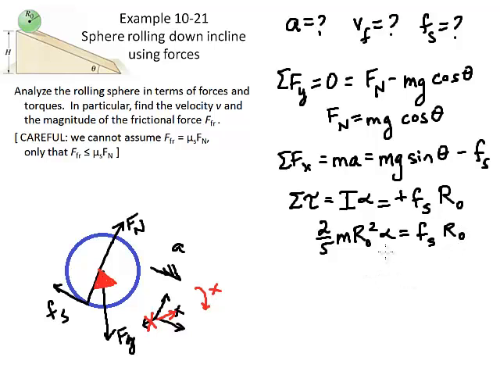We also know, if we have rolling without slipping, that this alpha is going to be the linear acceleration of the center of mass over the radius.